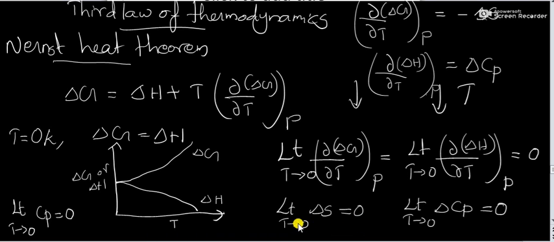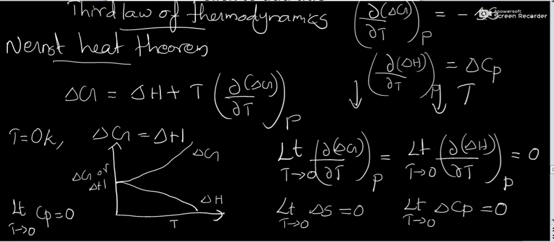Now consider this equation, that is limit T tends to 0, delta S equal to 0. When we apply this equation to a chemical process involving solids, this means products and reactants have same entropies. And this leads to a suggestion that all solids should have same entropy at 0 Kelvin.